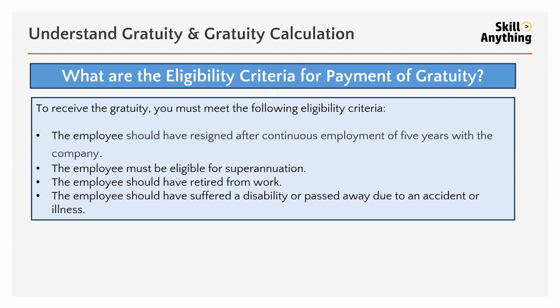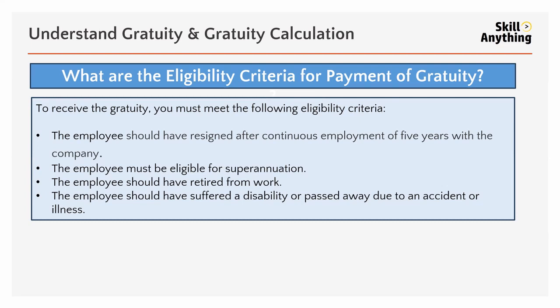What are the eligibility criteria for payment of gratuity? If an employee resigns from the company after continued employment of 5 years within the same company, then they are eligible for gratuity. In case of death, the employee is eligible for gratuity.